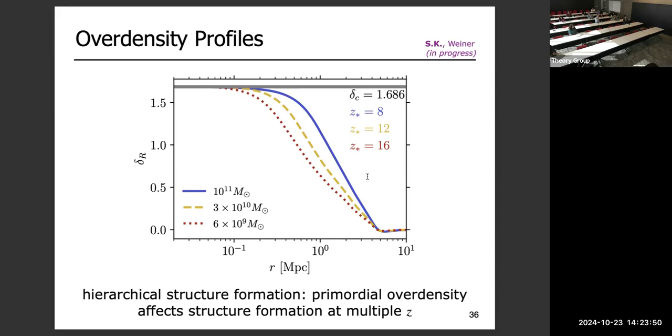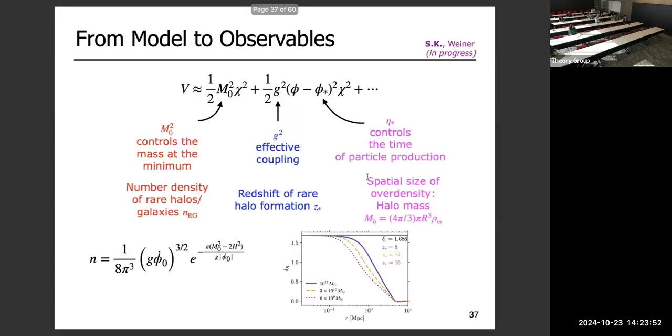But I won't be going over this in too much detail. What I would like to point out is that many of the analyses go in parallel with the CMB. For example, you still see that there are these three parameters that basically describe a lot of the physics. For example, the number densities of these early halos or rare halos would be given by M0, again, because of the exponential sensitivity.